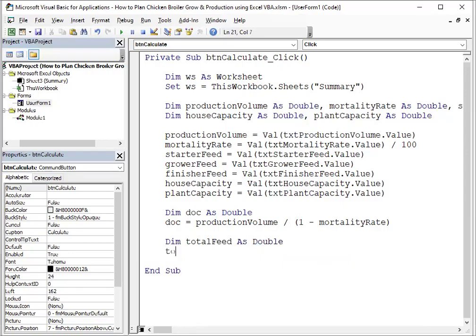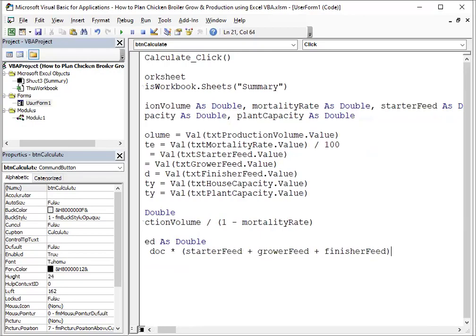Then total feed equals DOC times, it should be all the feeds added: starter feed plus grower feed plus finisher feed. Then close it. All the spelling is okay.